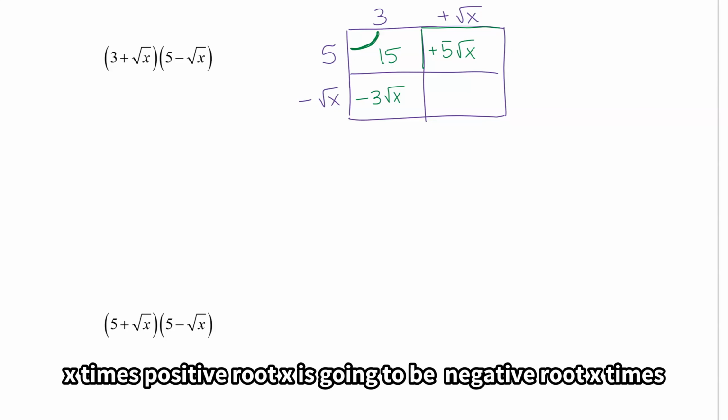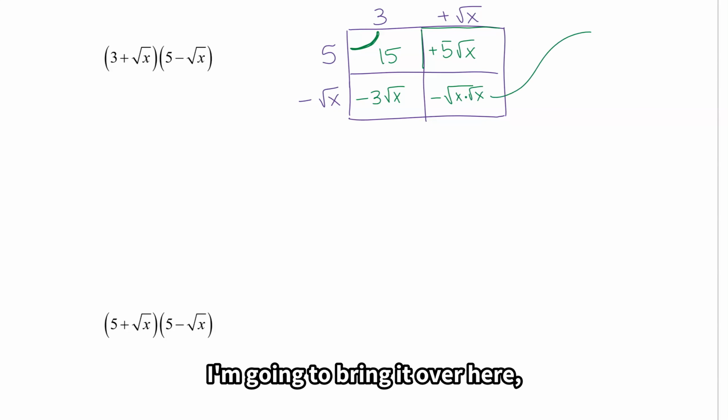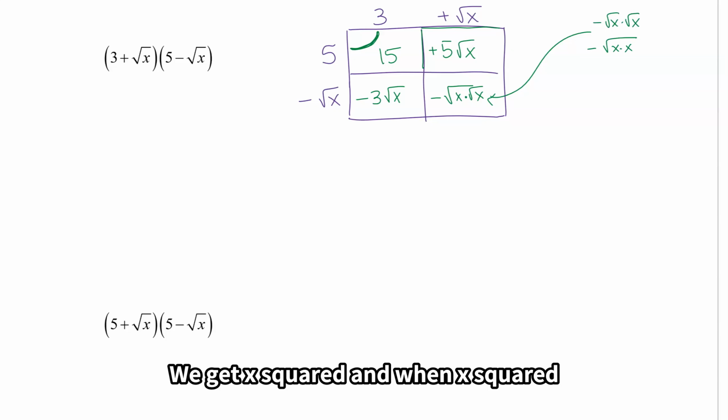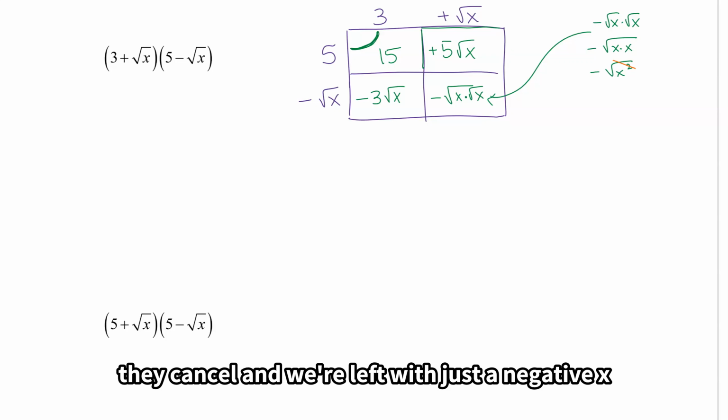And then negative root x times positive root x is going to be negative root x times root x, which we can simplify. I'm going to bring it over here. Negative root x times root x, negative x times x. We get x squared, and when the x squared and the square root get together, they cancel, and we're left with just a negative x.